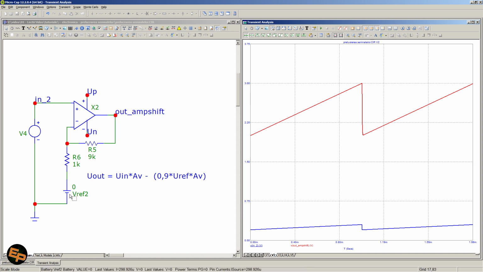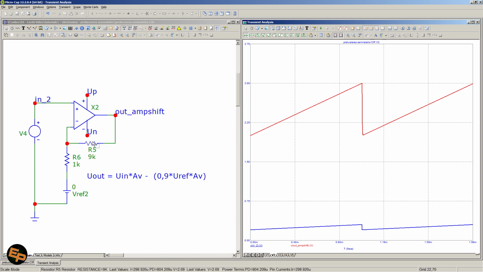needs to be connected to some reference voltage, and this reference voltage needs to be in accordance to this formula. So for this particular amplifier, for this particular circuit, the output voltage will be the input voltage multiplied by the amplification factor.